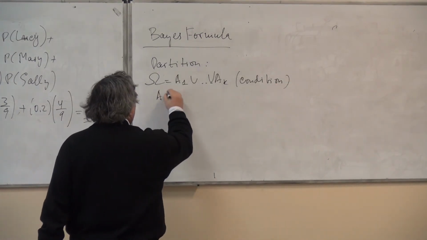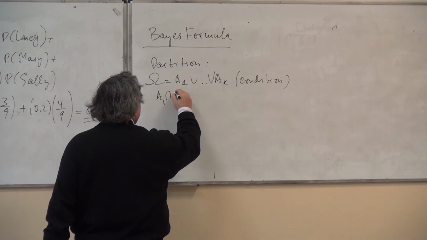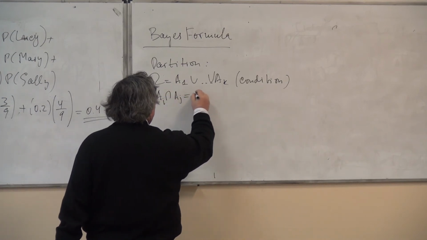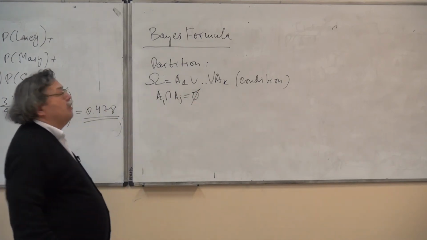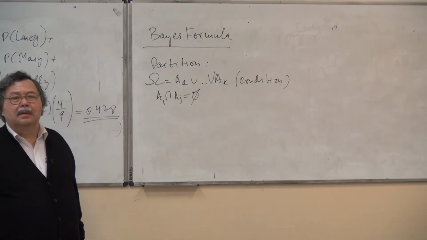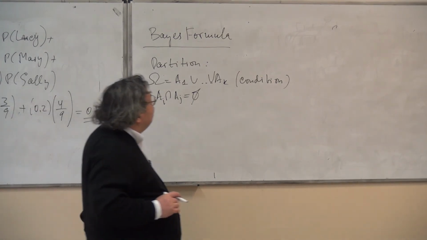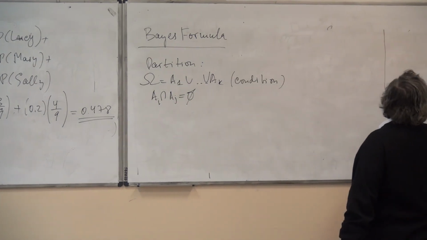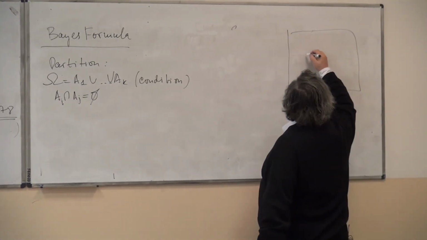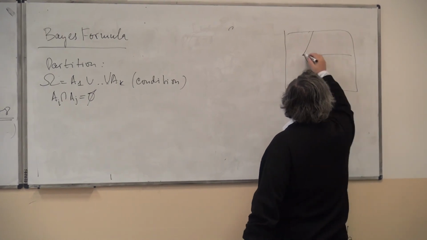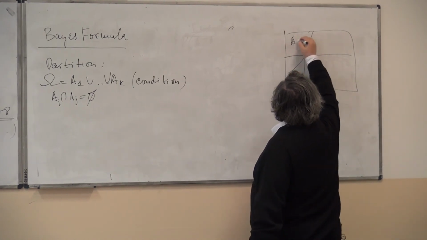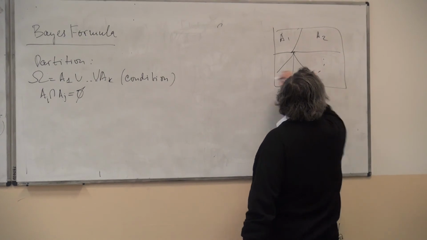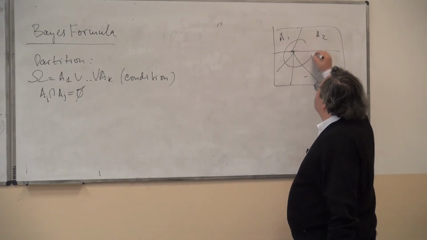And any 2 of them are mutually exclusive. So the same setting as for the total probability formula. I want to reproduce this picture here. So these are the conditions, A1, A2, and so on. And this is event B.